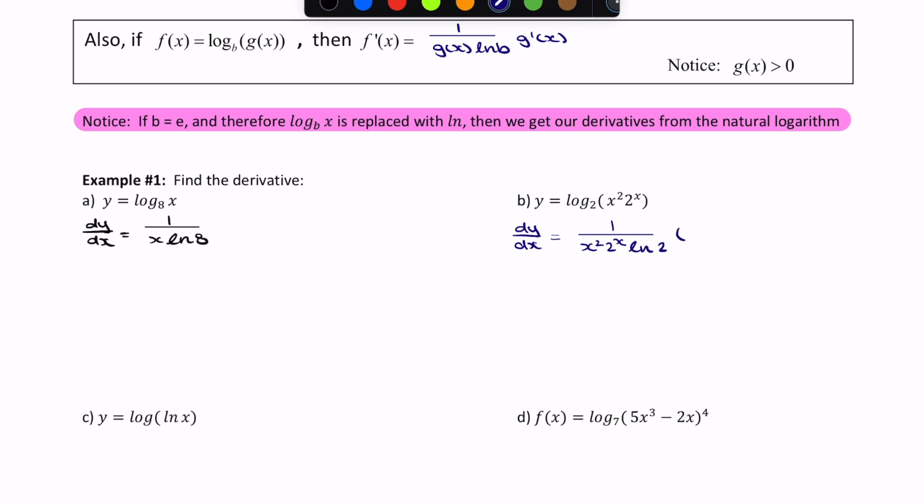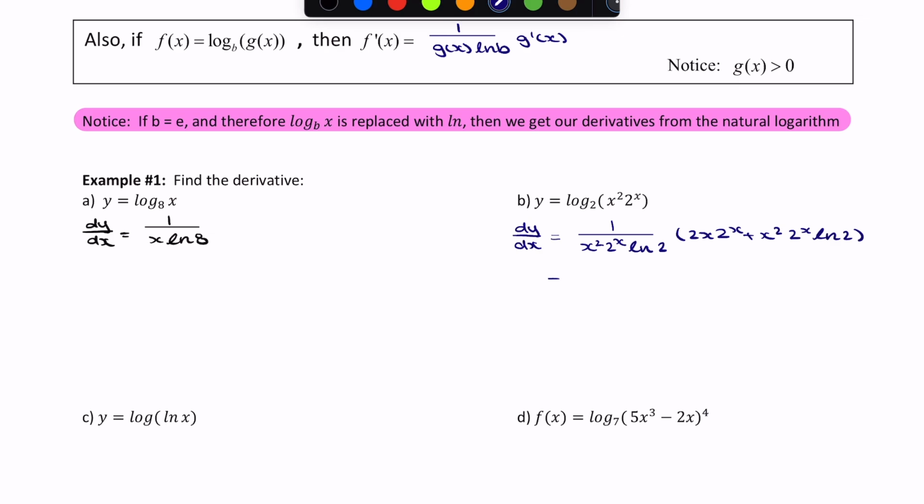And then we also have to derive the g of x, and in this case it would be x squared times 2 to the power of x, and we have to use the product rule there. So here we get 2x times 2 to the power of x plus x squared times 2 to the power of x ln 2.